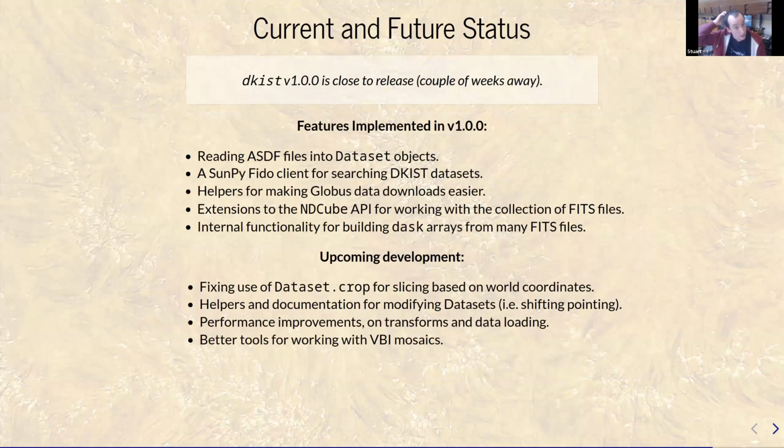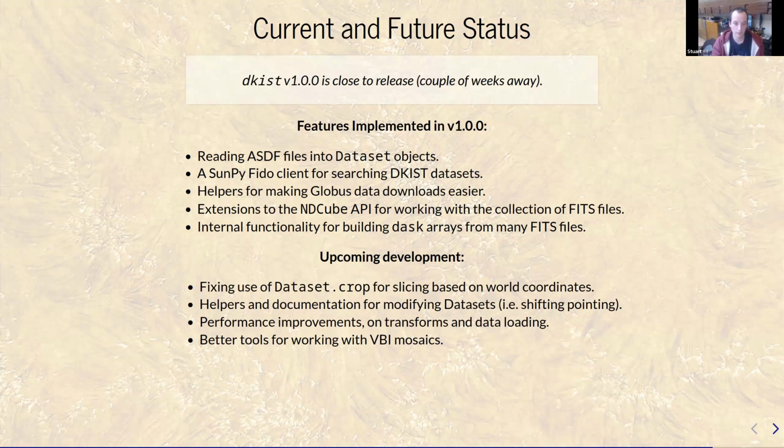Okay, so we're very close to the 1.0 release of the DKIST package, and we're just polishing off a few bits and improving the documentation before we do that. So the functionality that's implemented at the moment, I've gone over most of this: reading ASDF files into dataset objects, searching for datasets with SunPy's Fido, various helpers for transferring files with Globus that can work with either an endpoint on your local machine or remote endpoints.